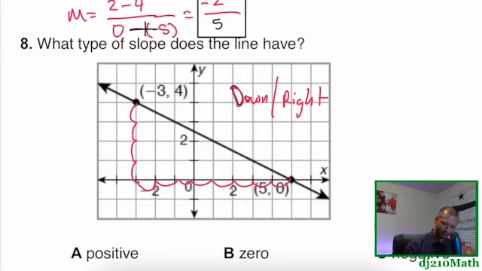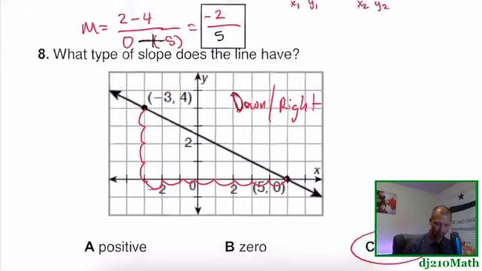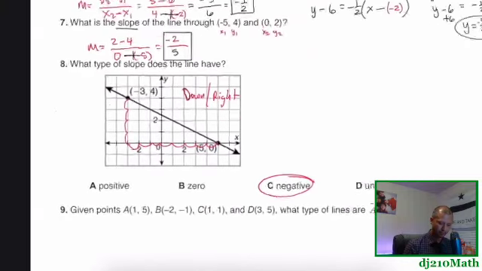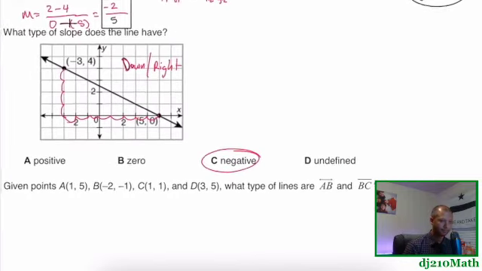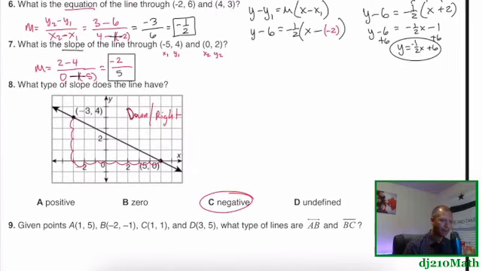This is definitely negative. Positive would be up and to the right. 0 would be horizontal. And then undefined is vertical. This is definitely negative because it goes down and to the right.